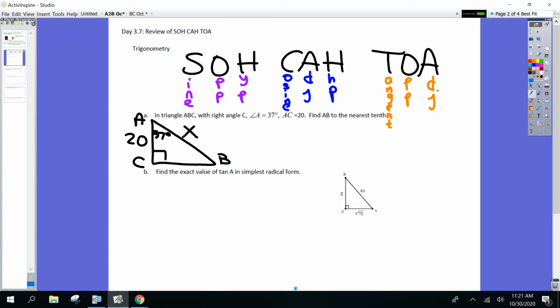I don't know something about all three sides. So I'd go 20 squared plus, I don't know CB, so I couldn't plug anything in for B squared. And why can't I use a 30-60-90 or a 45-45-90 from yesterday? There's 37 degrees in there, so automatically it's not one of those triangles.